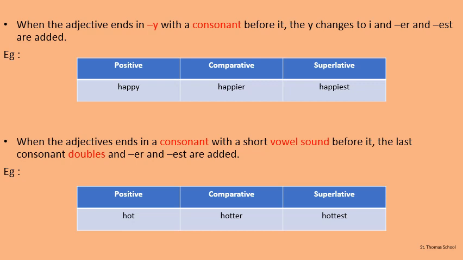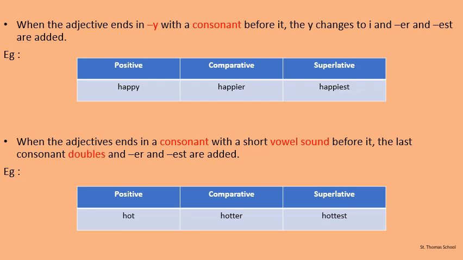Next point: when the adjective ends in a consonant with a short vowel sound before it, the last consonant doubles and ER and EST are added. So when in the positive form the adjective ends with a consonant, but when we pronounce the word there is a vowel sound before the consonant, just understand it carefully.